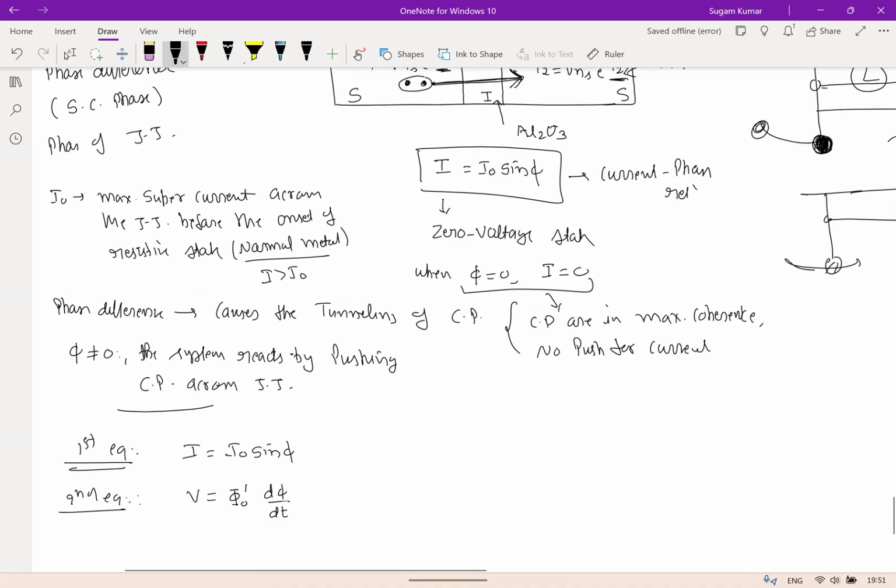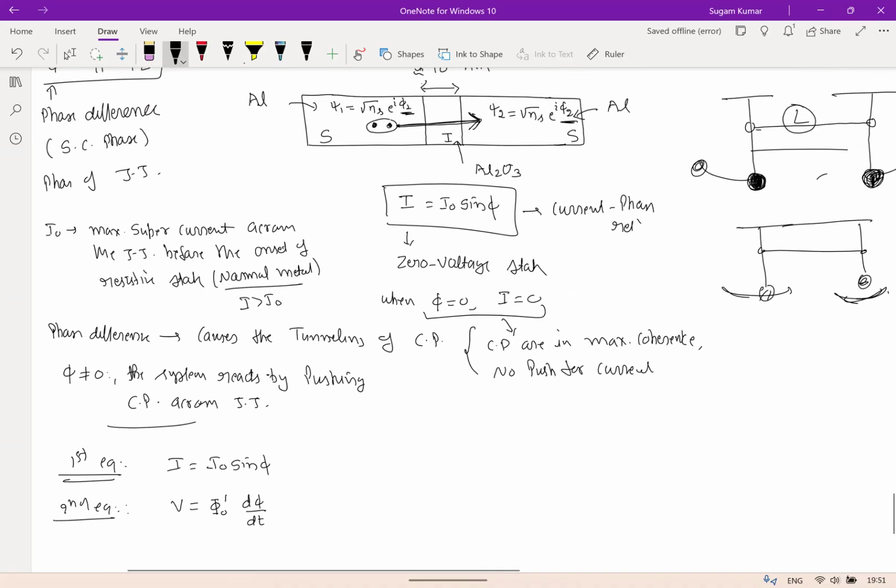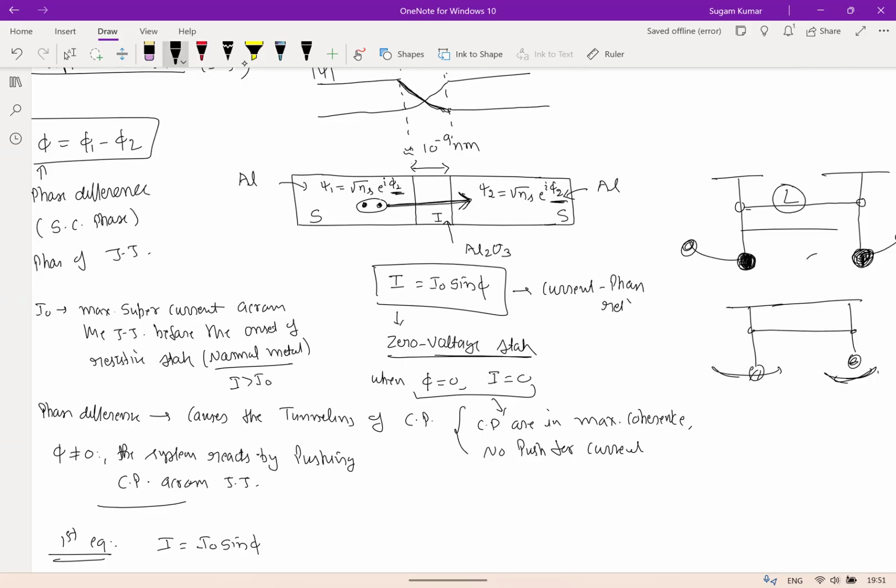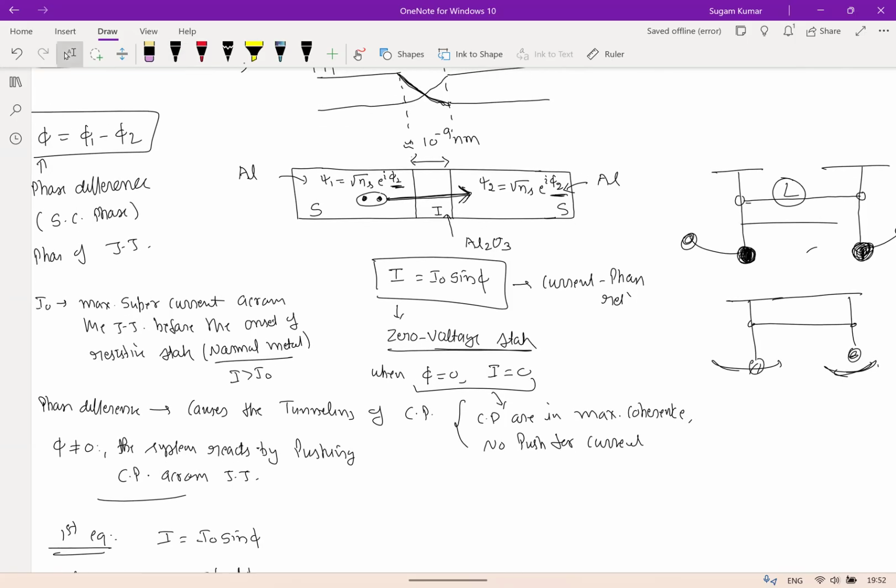I further said that this state is called a zero voltage state. Why am I saying zero voltage state? Because there is no applied voltage. When there is no applied voltage, if I plot voltage on this side and current on this side, then this I is going to be like this.